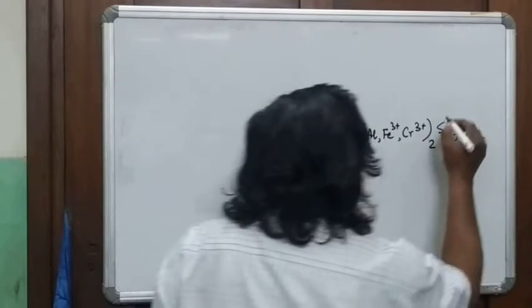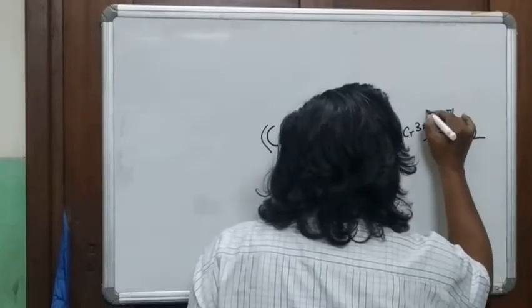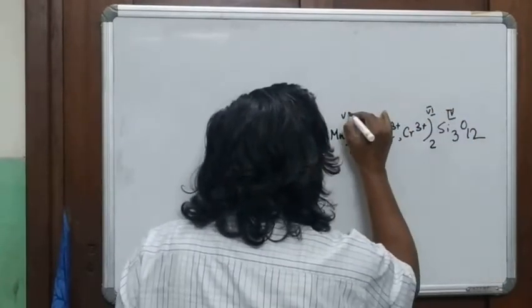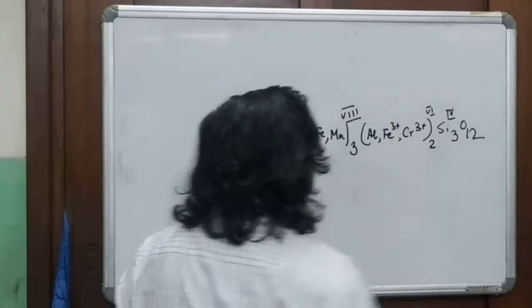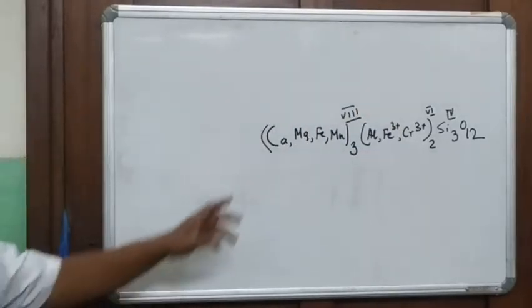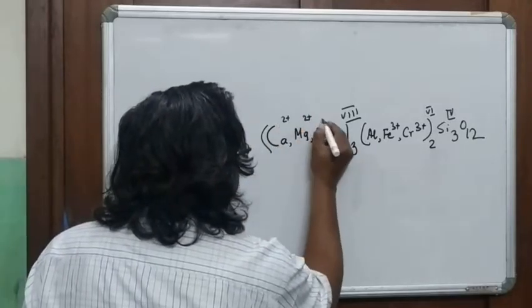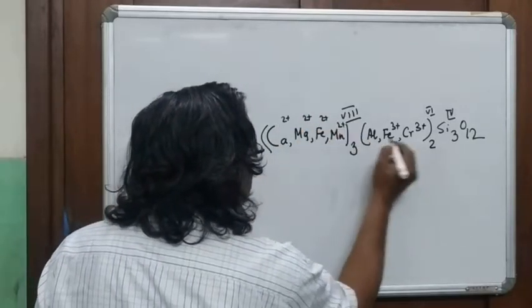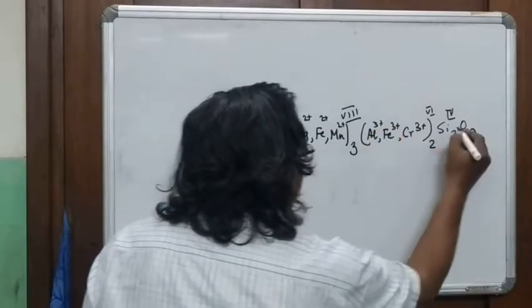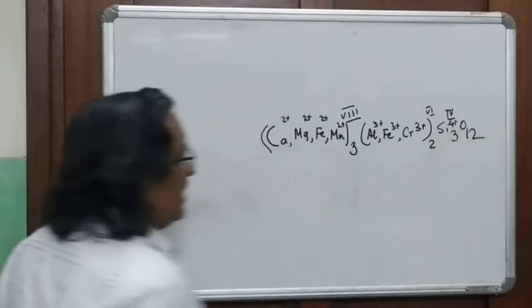This is the tetrahedral site, this is the octahedral site, and this is the cubic site. In the cubic site are the divalent cations, Ca2+, Mg2+, Fe2+, Mn2+, and these others are all trivalent cations, and silicon by itself is 4+.